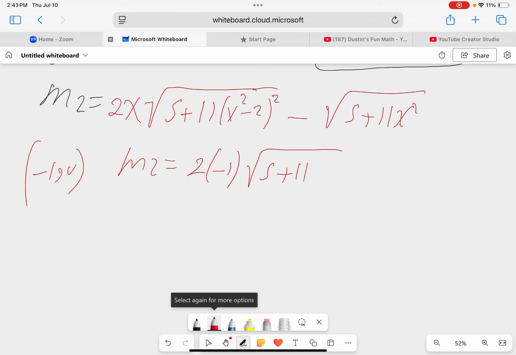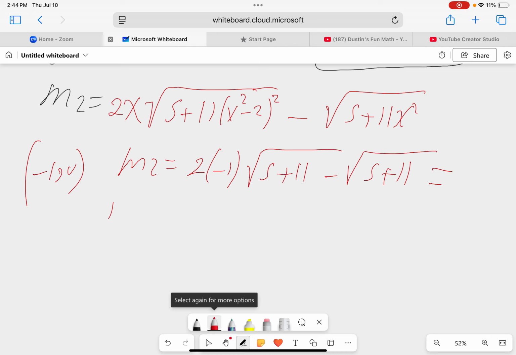And then -1 to the power of 2 is just simply 1. And 1 times 11 is going to be 11. So under the square root, it's going to be 5 plus 11, minus the square root of 5 plus 11 times -1 to the power of 2 instead of x, which is 1. 1 times 11 is 11. So you end up under the square root with 5 plus 11.